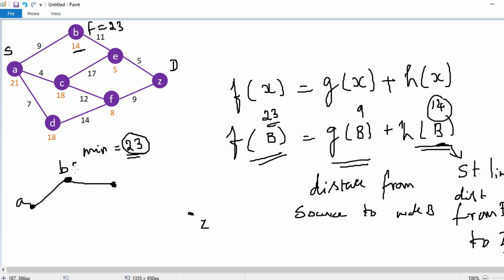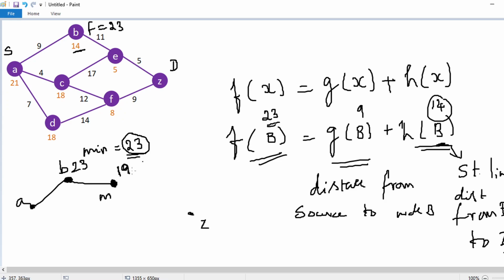So if the minimum from here is 23, if you go to this one, it will not become 19. Meaning, if I go from B to some node M, if we take this route, you are saying if you pass through B, it takes at least minimum 23. Now suddenly it will not change to 19 because of the admissible heuristic. It will be more than or equal to 23.